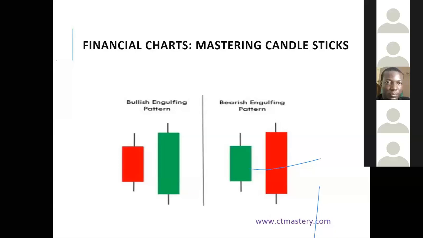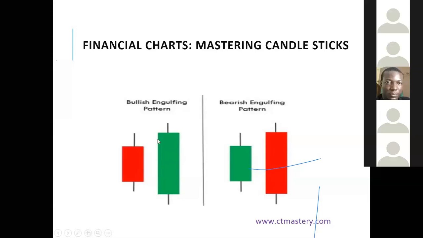So the candle at the right fully engulfs the candle at the left. There are two types, the bullish engulfing and the bearish engulfing. For the bullish engulfing, you see this candle covers this candle. The candle at the right covers the candle before it, the candle at the left. When this happens, we say it is bullish engulfing.